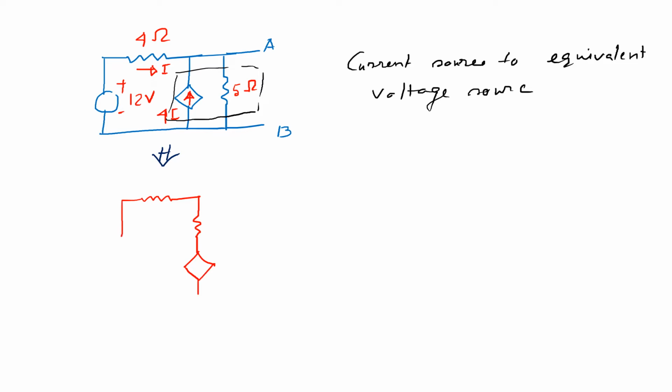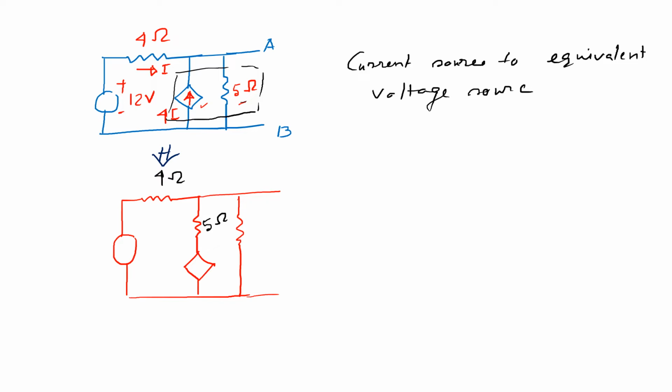That is, in case of a current source in parallel with this resistance, after conversion it will be converted to a voltage source connected in series with one resistance, and that is the same resistance as for the current source.